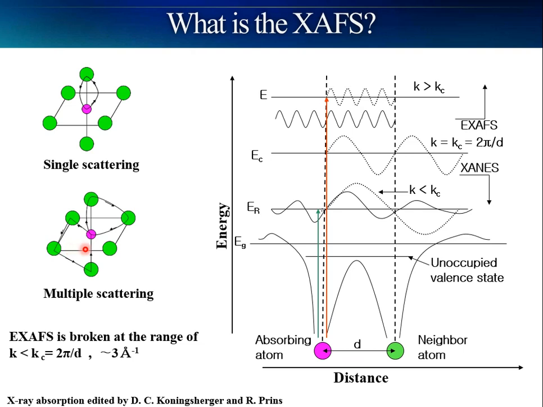The photoelectron in the GANES makes multiple scattering like that. Okay, generally the critical wave number is about 3 inverse angstrom. So the x-axis is broken at the range of less than 3 inverse angstrom.